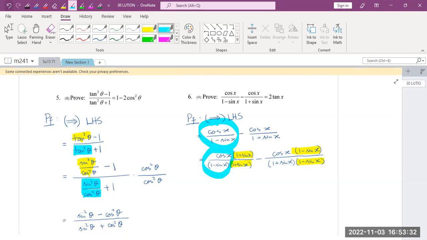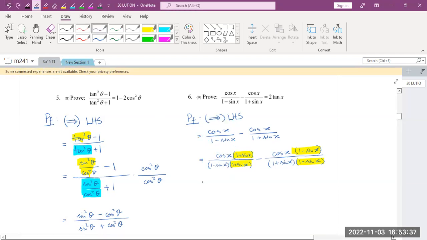That way you maintain an equivalent fraction. The reason we do this is so that we have a common denominator, 1 minus sine x times 1 plus sine x.